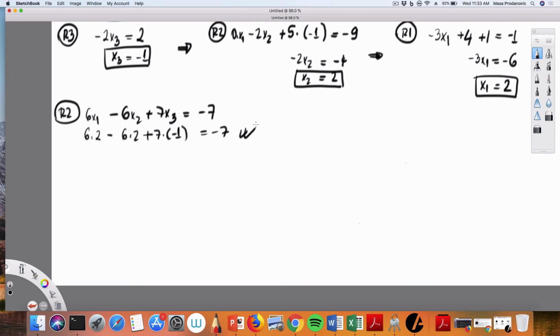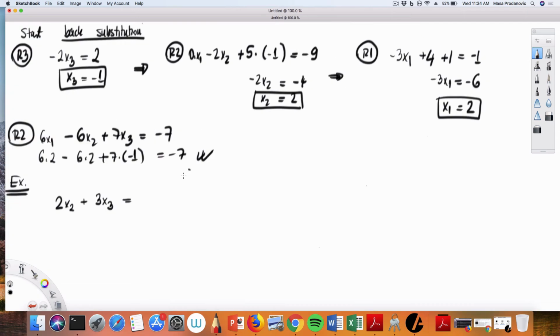Okay, so this is the basic procedure. That's it. Except that it's not. We can run into a couple of problems. So let's now see what happens if I have something like this. So I'm going to have a problem: 2x2 plus 3x3 is equal to 6.